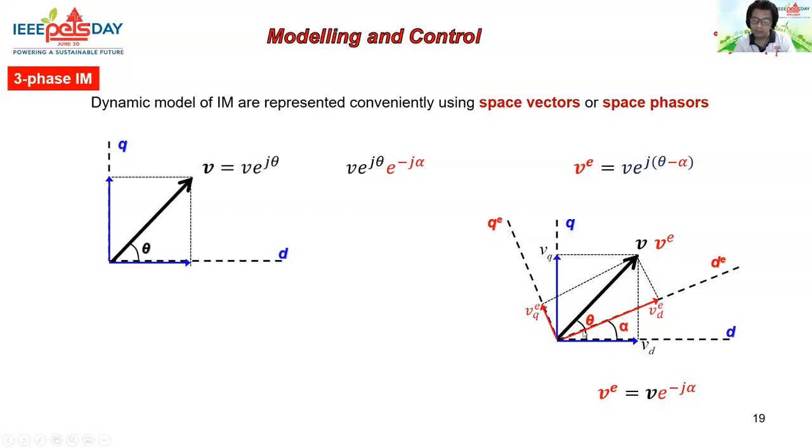This means that if this coordinate system rotates synchronously with that vector, as I said earlier, at a synchronous speed, then if we resolve the d and q components of this vector to this rotating axis here, we will see that these d and q components are basically DC quantities, which is very convenient later on for us to develop the FOC control algorithms.